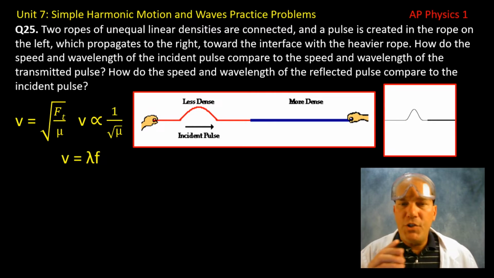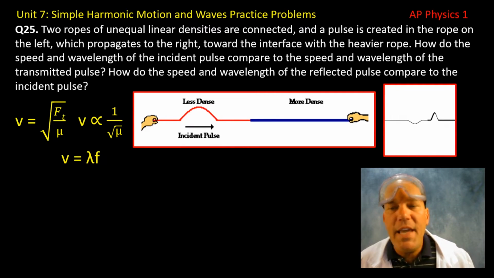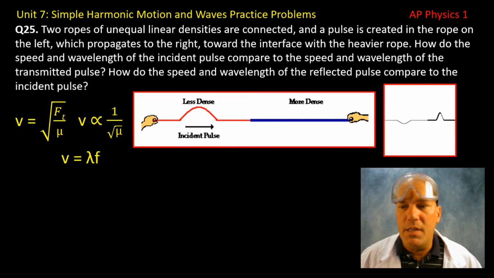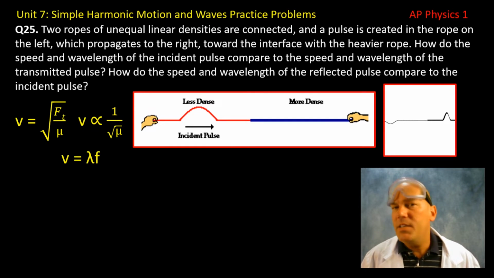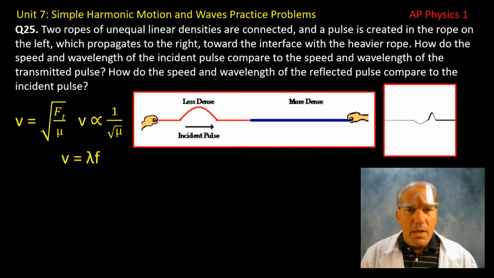Now, I want you to only consider the reflected pulse. The reflected pulse here, what do we notice about it? Number one, its amplitude is less than the incident pulse. Number two, its speed appears to be the same. Now that is true. The speed is the same.